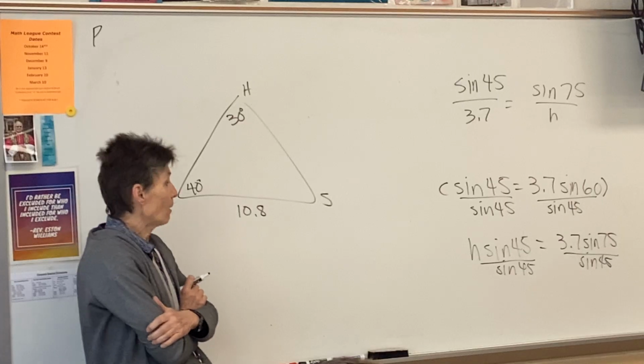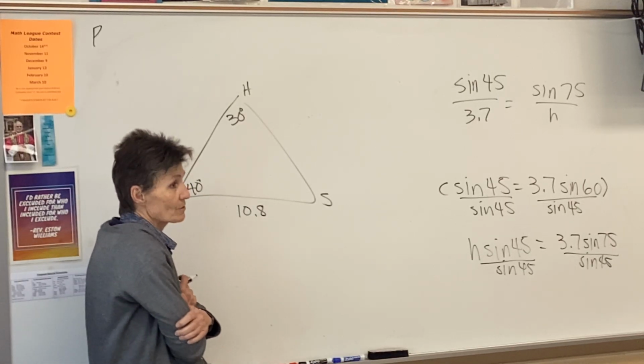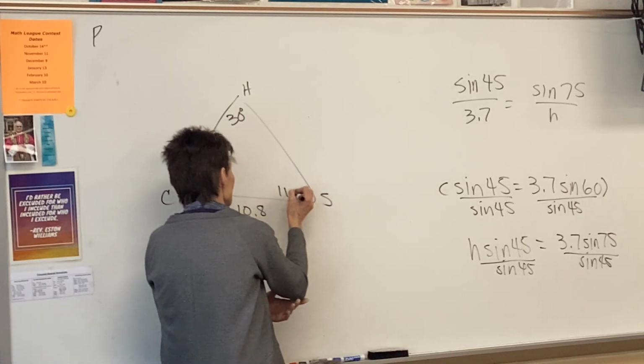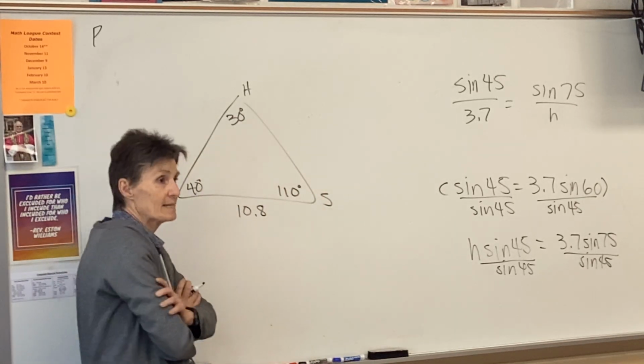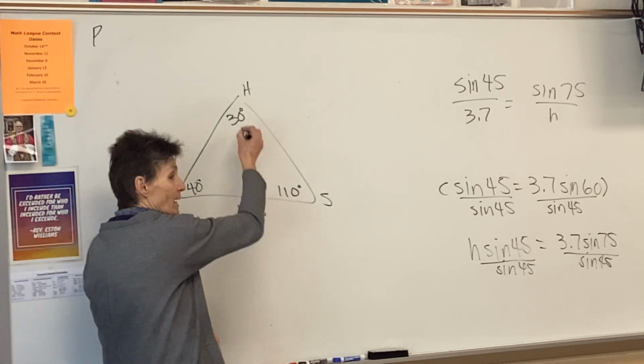Okay, now, we need to figure out everything else, so what do you wanna do? 110. So S is 110 degrees, that's easy, no brainer. Then here's your pair, right?